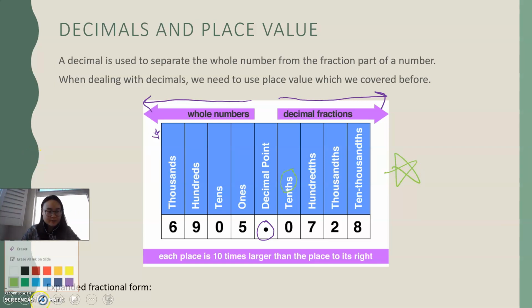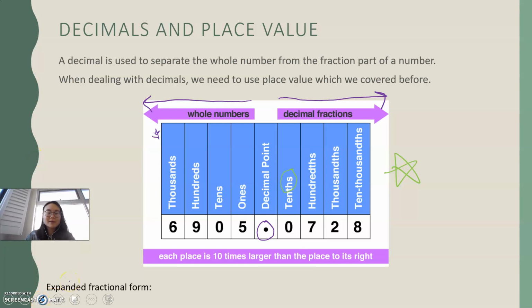Another way that you can write this decimal is in expanded fractional form. It's like the expanded form. We did this in term 1 as well. So if we were to expand this number out, I've got 6,000 plus 900 plus, there's nothing in the tens place, so I can skip that, plus 5 plus, and now we're getting into the right-hand side of the decimal place, so these are the parts of a number, these are my fractions.